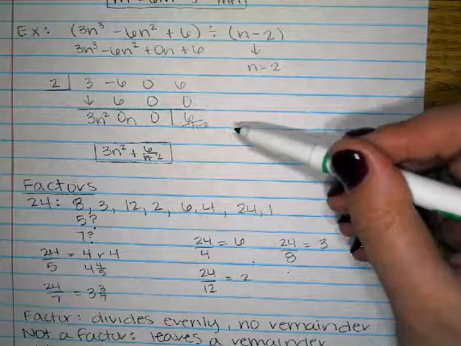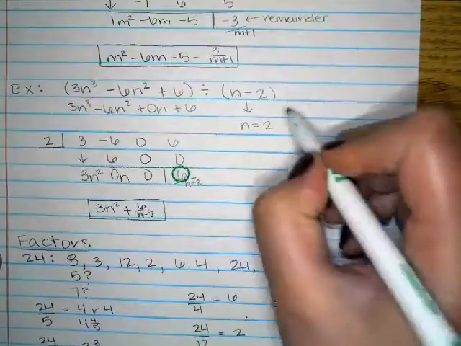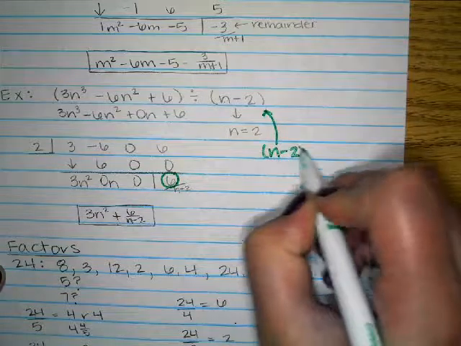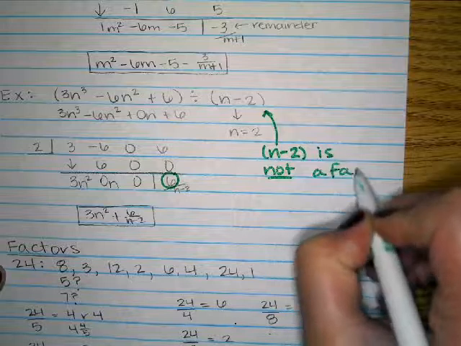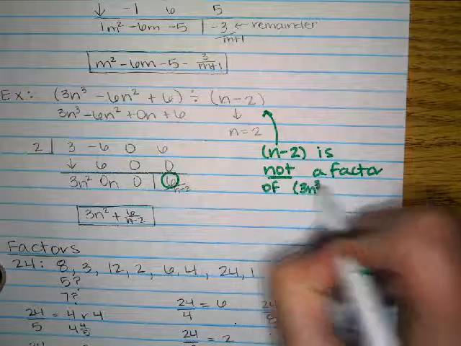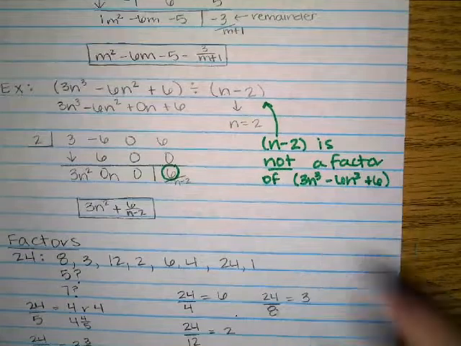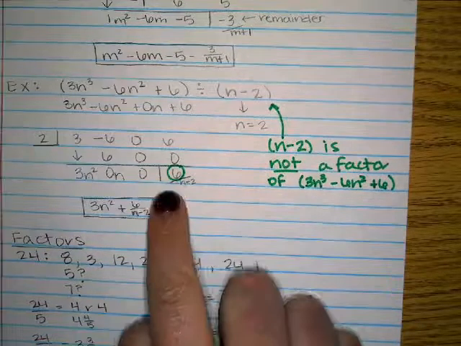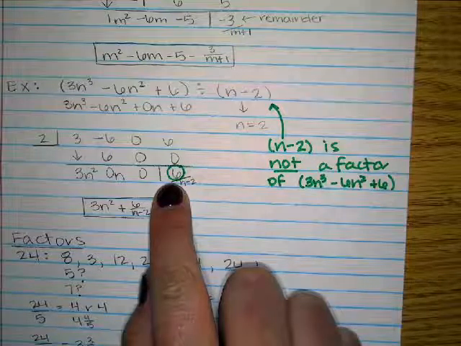So if the remainder is 6, that tells us that n minus 2 is not a factor of 3n to the third minus 6n squared plus 6. n minus 2 is not a factor of 3n to the third minus 6n squared plus 6, and I can tell because the remainder was 6, it did not divide evenly. Does that make sense? It's not a factor.